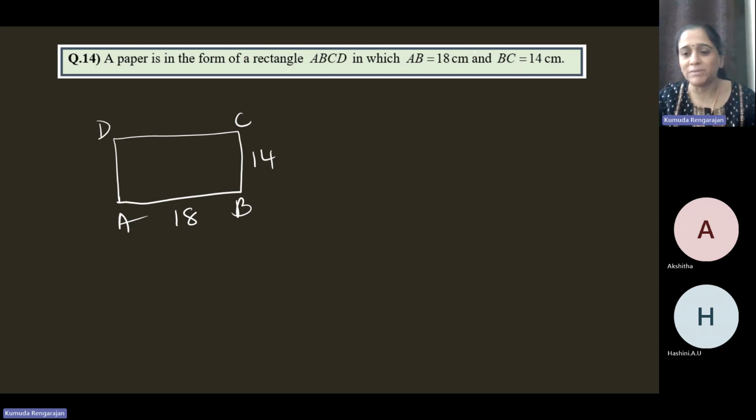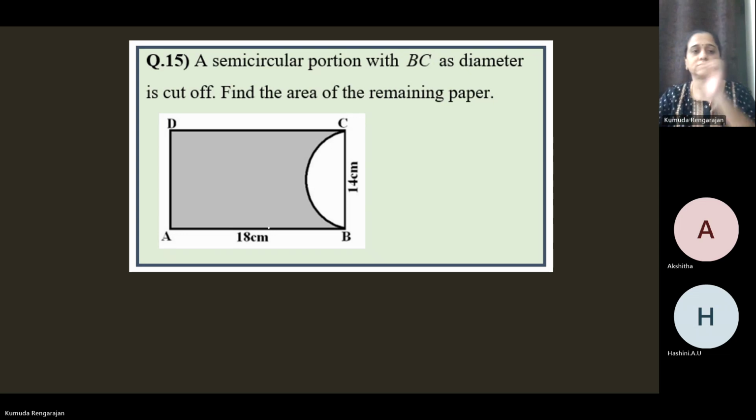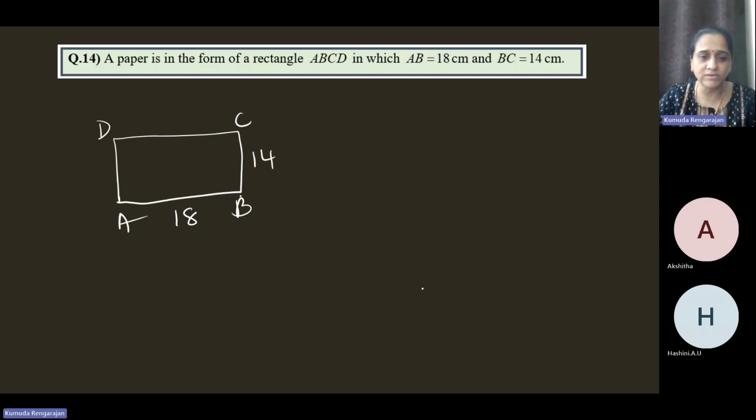The question is not complete, so it should be find area of the rectangle, or maybe find the length of the diagonal. Okay, so area is L into B, 18 into 14. Yeah, work this, all of you. The earlier one, the length is given, the breadth is given. Area is equal to L into B, 18 into 14.